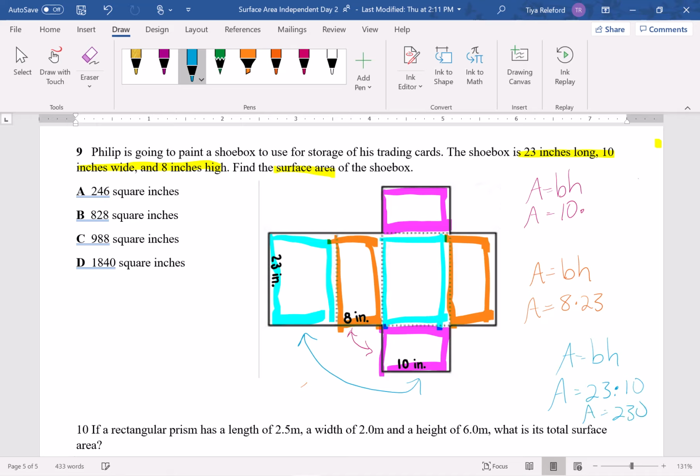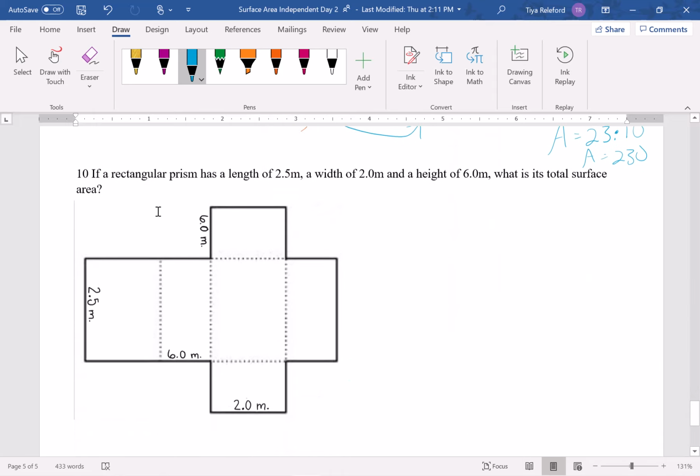Make sure that you write the answers inside each rectangle. That's going to keep you from making big mistakes. And if you do make a mistake, it makes it so that you and I can both figure out what your mistake is very quickly.